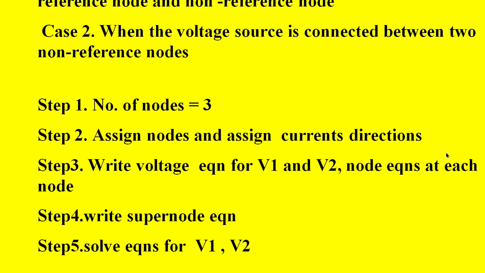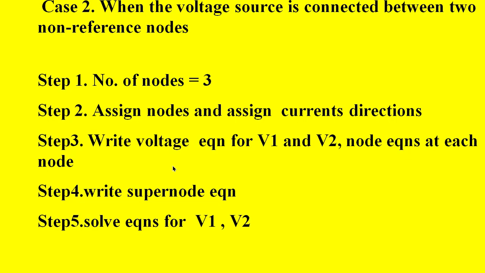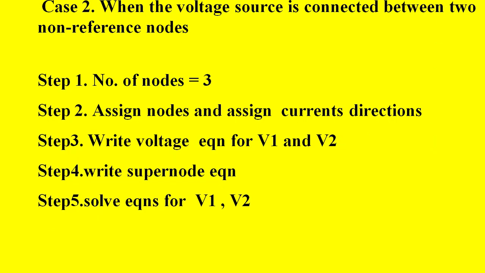Next, assign the nodes and assign the current directions from the nodes. Third step is to write the voltage equation between node 1, that is V1, and V2. Then write the node equation at the supernode, that is called the supernode equation.